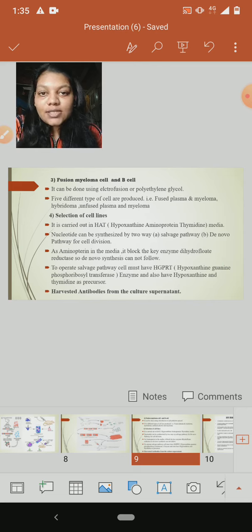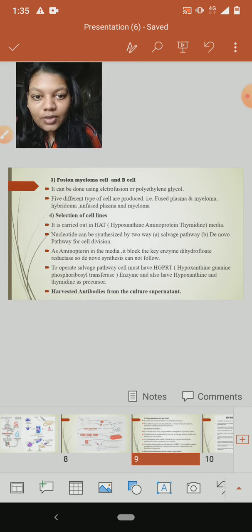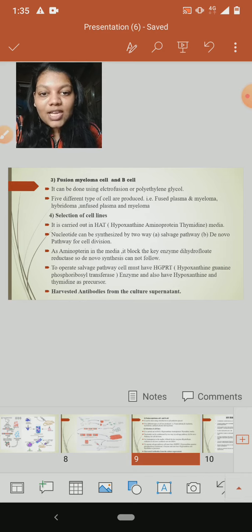Aminopterin in the medium blocks the key enzyme dihydrofolate reductase, so de novo synthesis cannot proceed. To operate the salvage pathway, the cell must have the HGPRT enzyme, hypoxanthine guanine phosphoribosyl transferase, and also have hypoxanthine and thymidine as precursors. Antibodies are harvested from the culture supernatant.